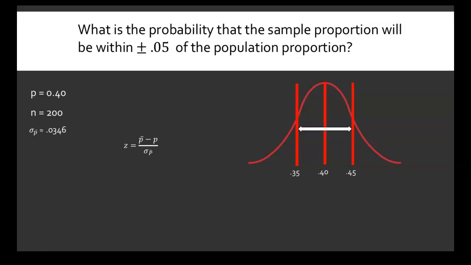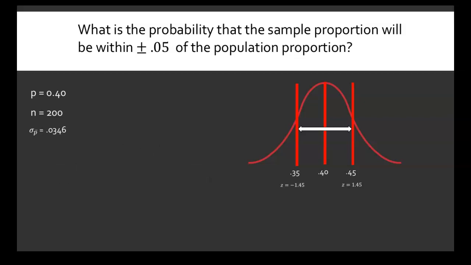So p bar will be 0.35 and 0.45. We subtract that from our p, the 0.40, and divide it by our standard error that we found previously. So our z-scores will be plus and minus 1.45.